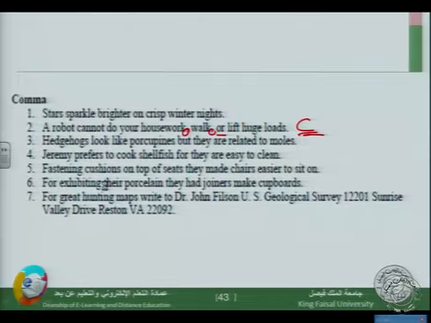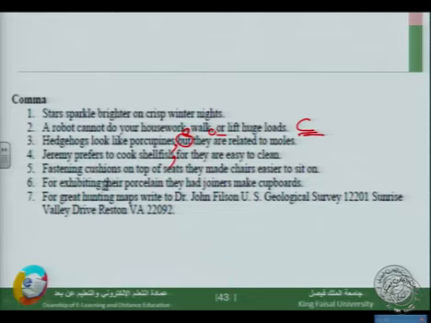Hedgehogs look like porcupines, but they are related to the moles. First, here we have a coordinating conjunction, so we use a comma before it. Jeremy prefers to cook shellfish, for they are easy to clean. We have a coordinating conjunction here. Yes. What is it? For. We put a comma before it because we learned that if the coordinating conjunctions join two independent clauses, we have to put a comma before them.